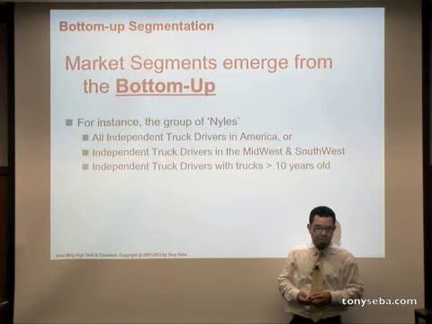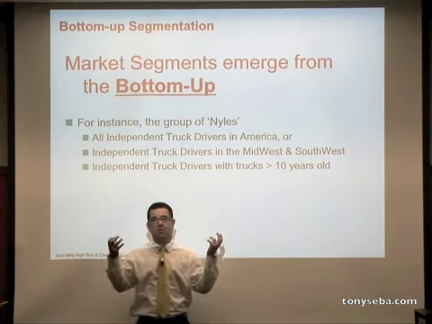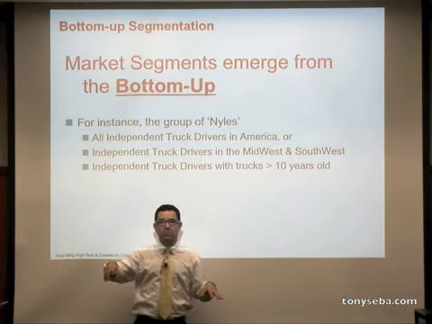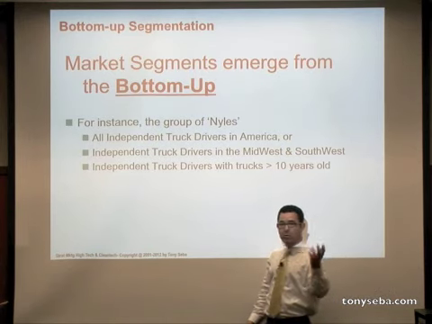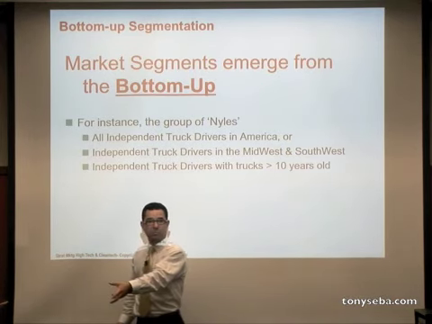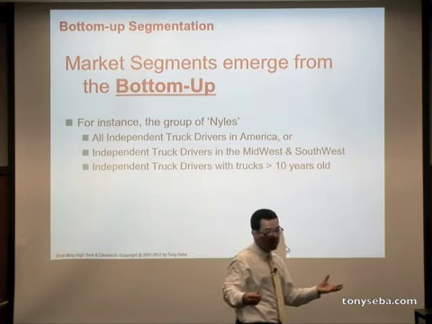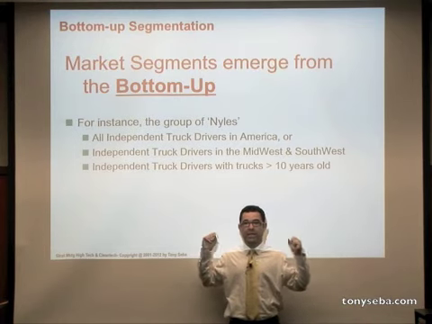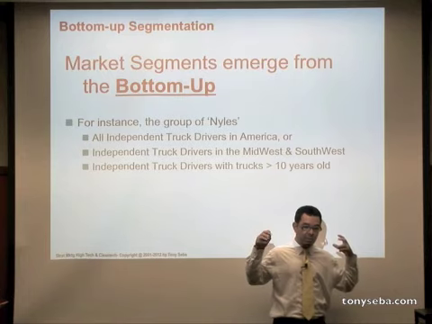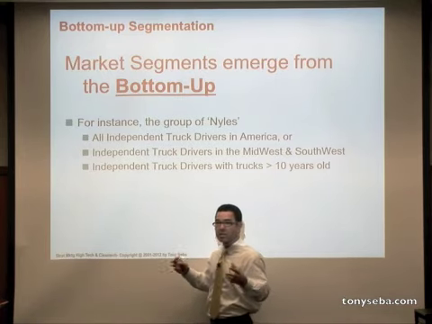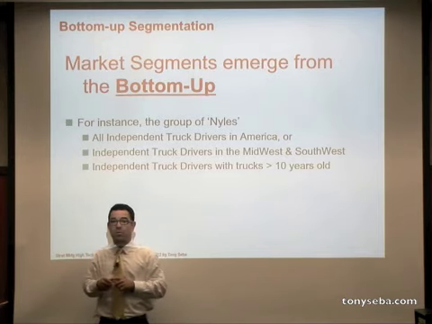So what's going to happen is that the segments are going to come from the bottom, not the top. So one of your market segments is the group of Niles. And you can further segment this by saying, you know what? I want to go after all independent truck drivers in America. Or I want to go after just the independent truck drivers in the Midwest and Southwest, depending on where you find the value prop.